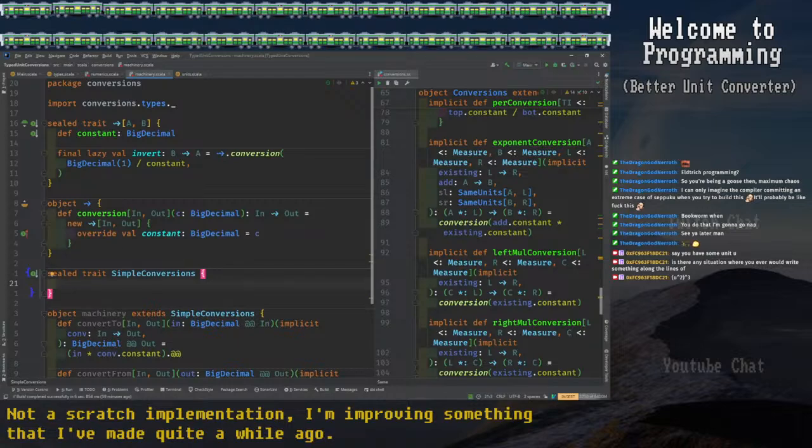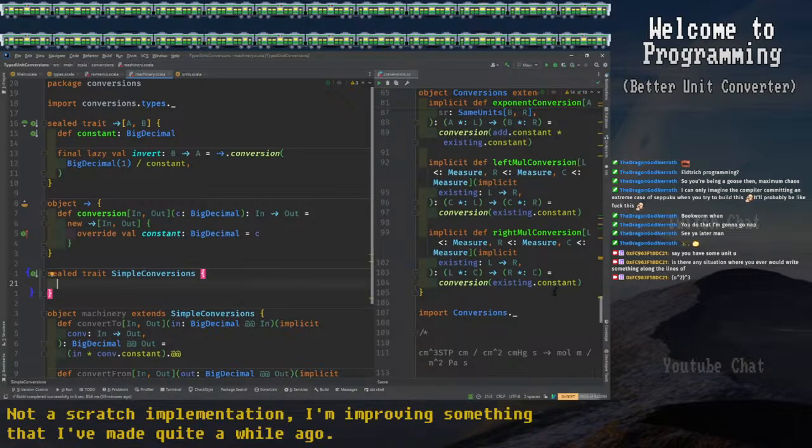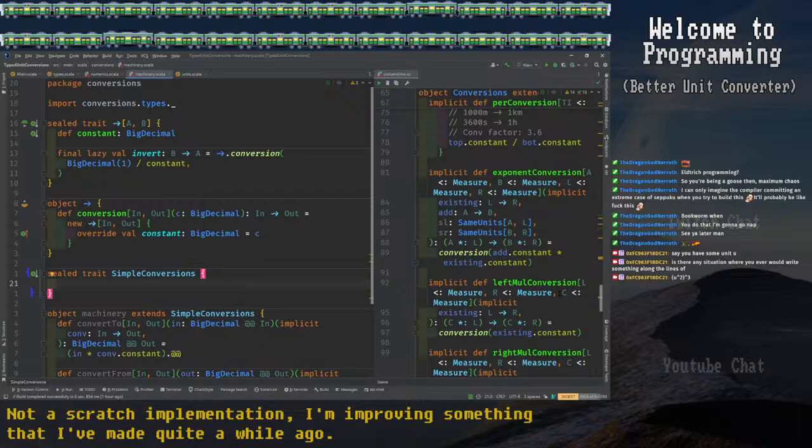So, let's get some of the simpler ones out the way. For example, let's just do a simple exponent conversion.